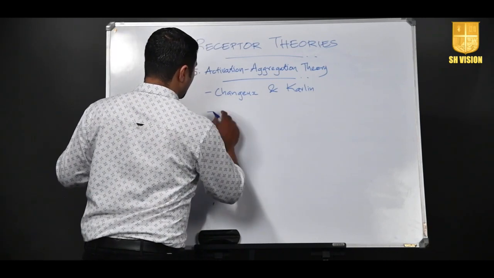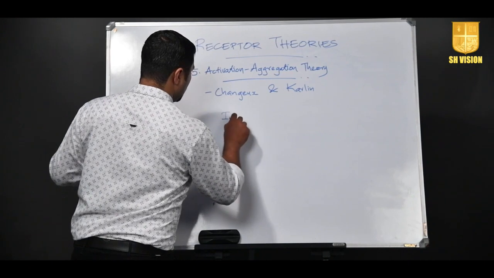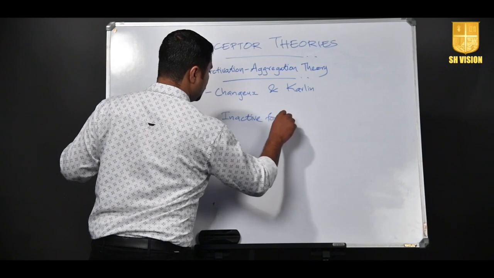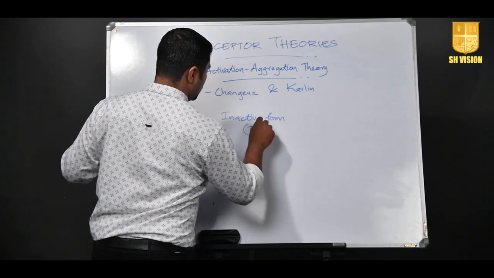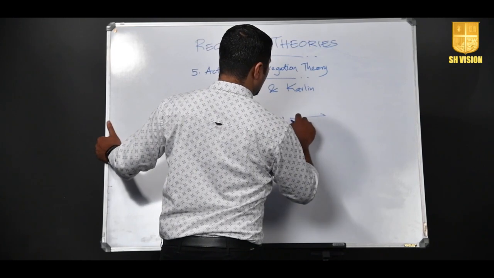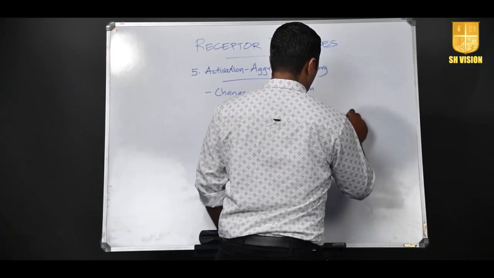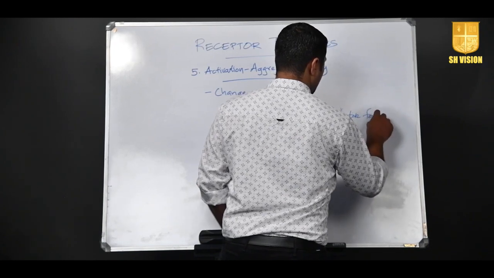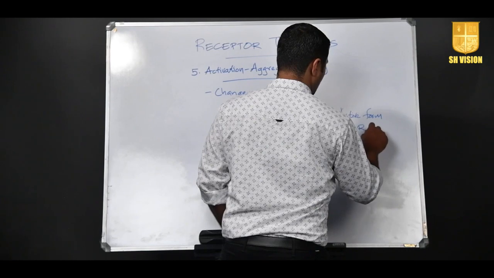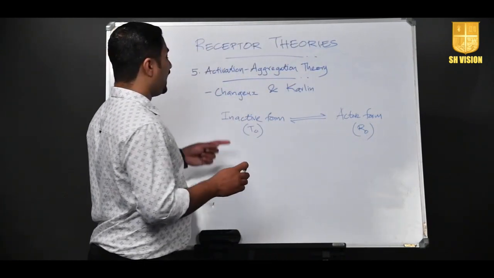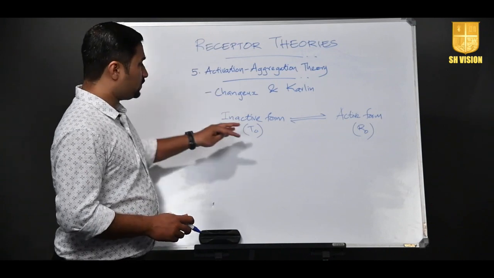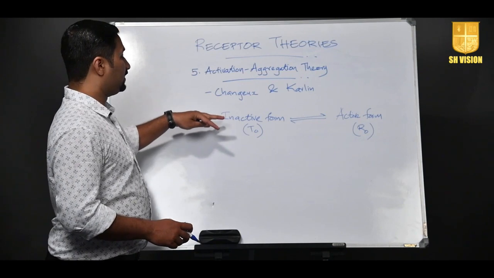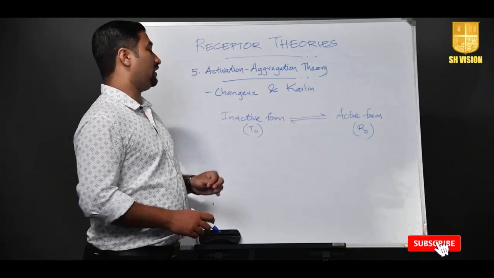That is, inactive form T0 in equilibrium with active form R0. So in the absence of a drug, there will be two forms, inactive and active, in a dynamic equilibrium.